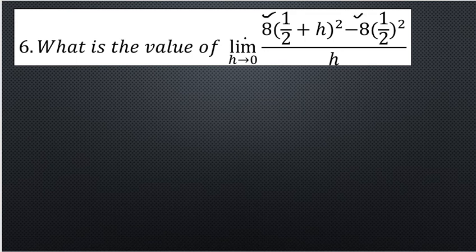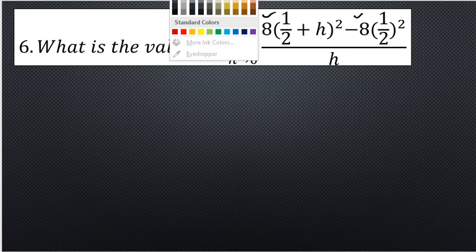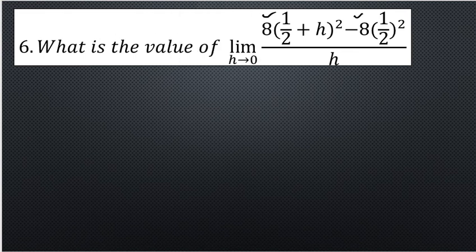Take it out, even out of the limit. So you can write 8, okay, let's change the marker, 8, then the limit of this one, (1/2 plus h) the whole squared minus (1/2) the whole squared. Then remember this rule.